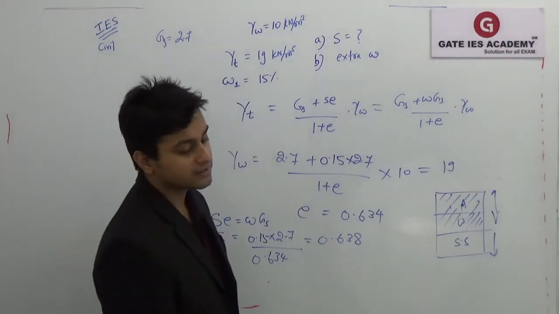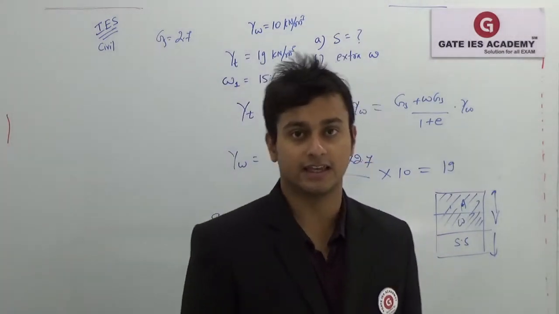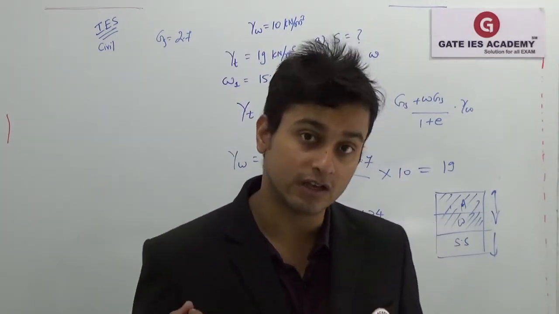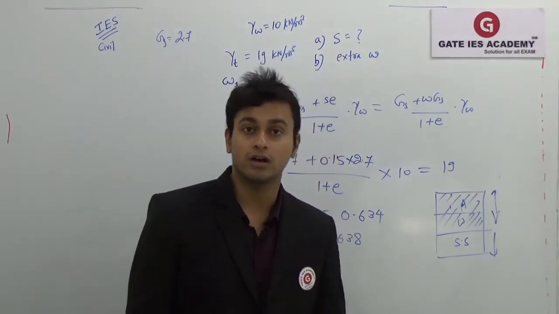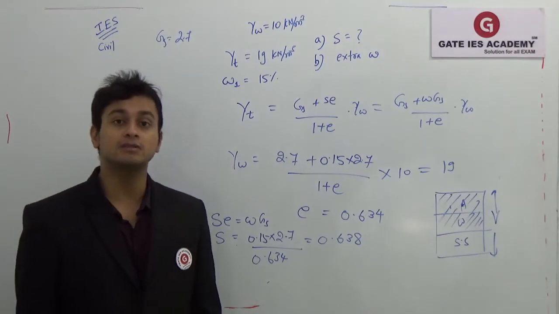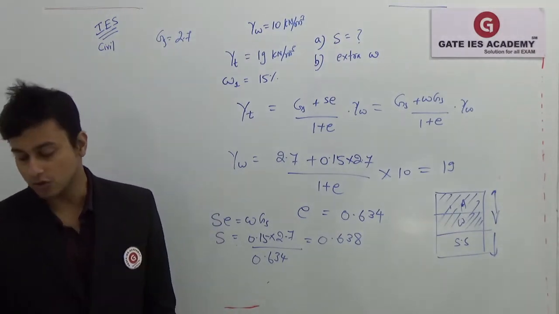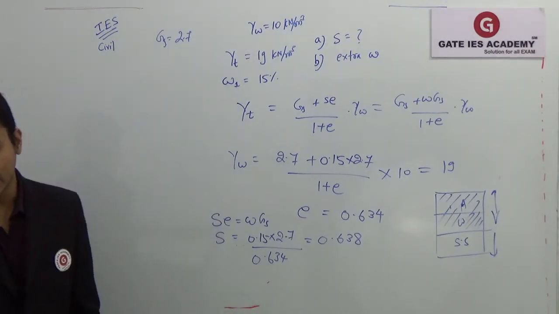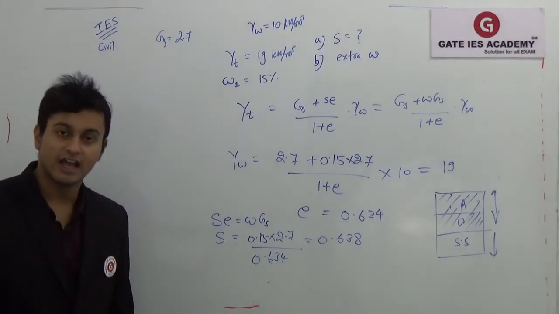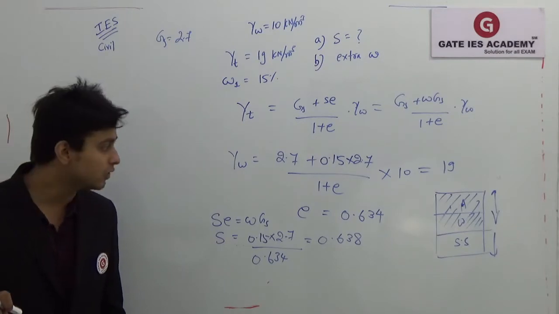Now, the next question asks what extra water content is required in order to get full saturation in this particular case. We very well know that as we add water, the saturation will change and the water content will also change.